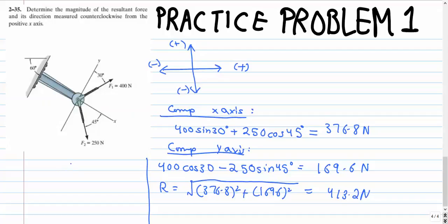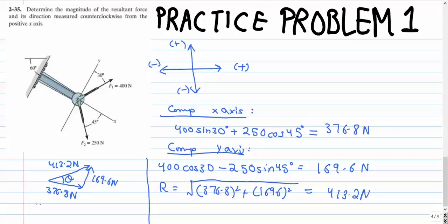Now that we have the magnitude of our resultant force, we can find the angle that it makes with the positive x-axis by simply drawing the vector triangle. So we know that the sum of components along the x-axis is 376.8 newtons, while the sum of components along the y-axis is 169.6 newtons. And we also know that the magnitude of the resultant force is 413.2 newtons.